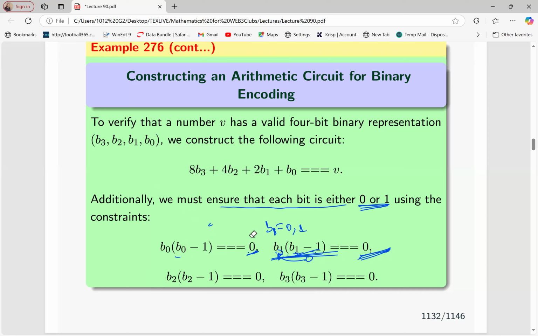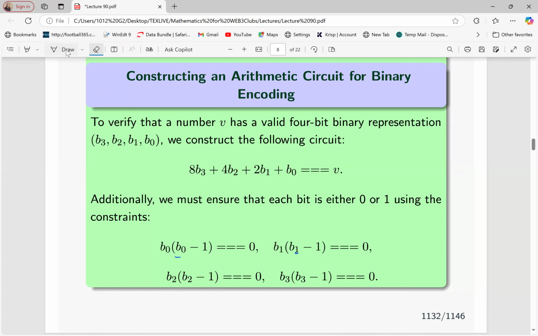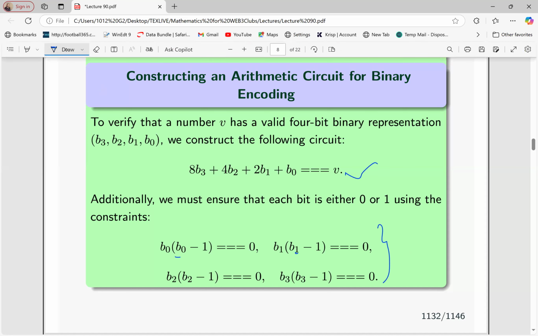Therefore, this number is binary. So we wanted to write an equation, a circuit. The circuit will be this, then you would add these other equations to that circuit.